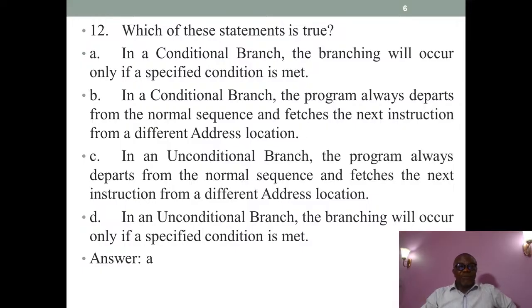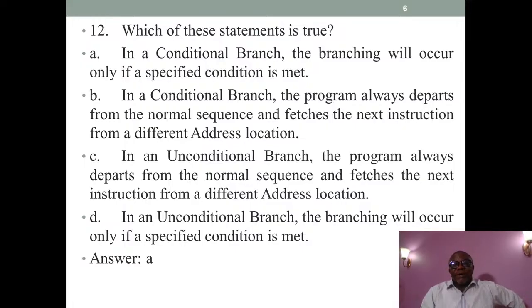So we have four options. Two of them talked of conditional, two of them talked of unconditional. So we now look at it that in a conditional branch, in other words, there is a condition to be met before the branching will take place.